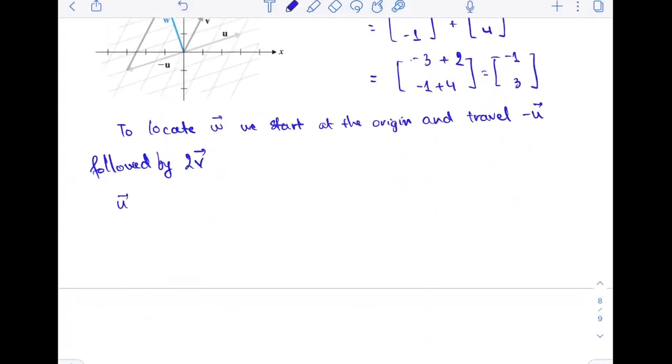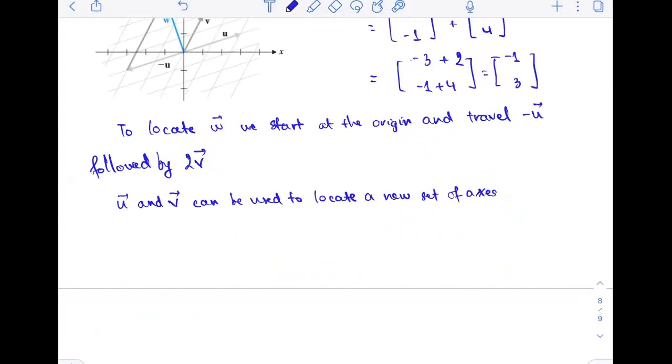So U and V can be used to locate a new set of axes.